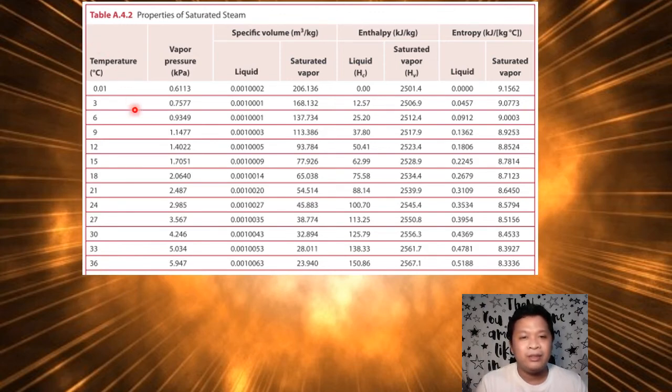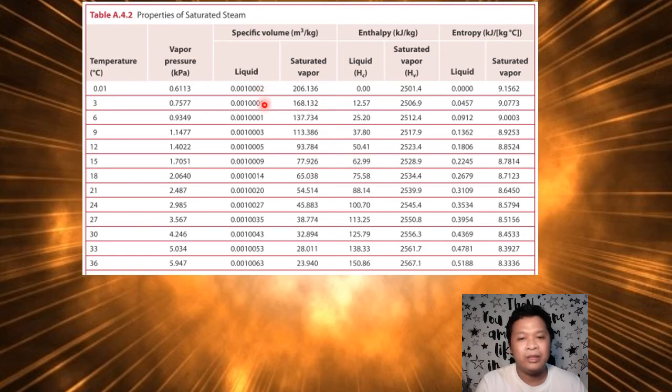Then you have here your vapor pressure, or the pressure at which the liquid will turn into vapor. Okay? So ito, self-explanatory. Ito naman ay enthalpy. So sabi nga natin, di ba, at the temperature reference point, the enthalpy or energy content of your water is considered to be 0.